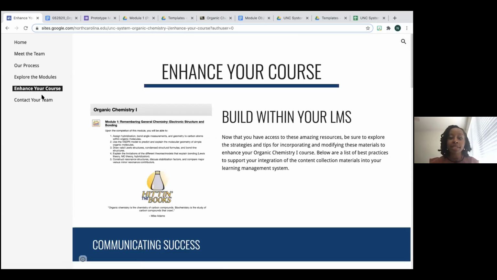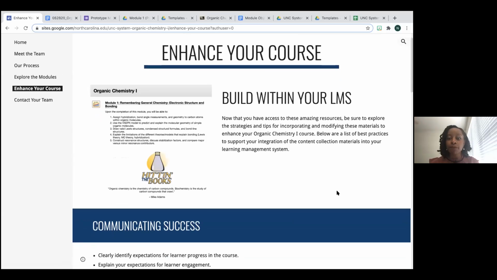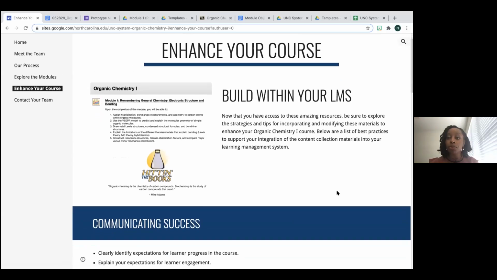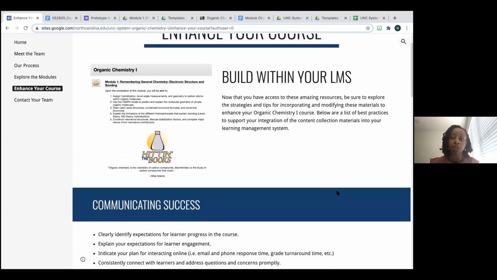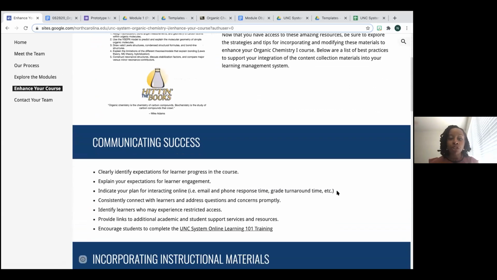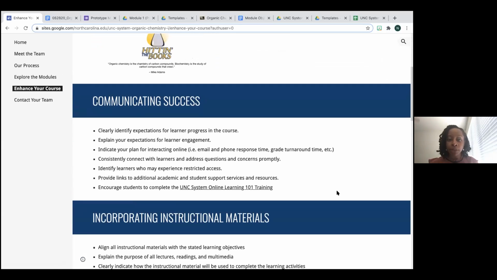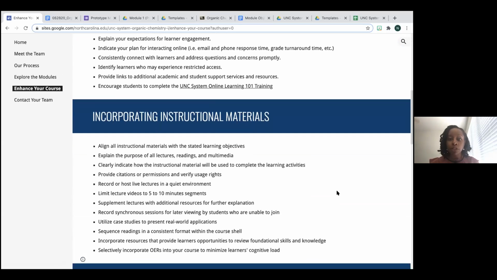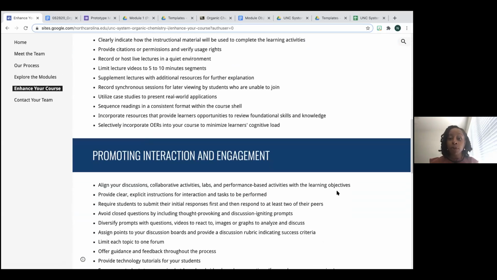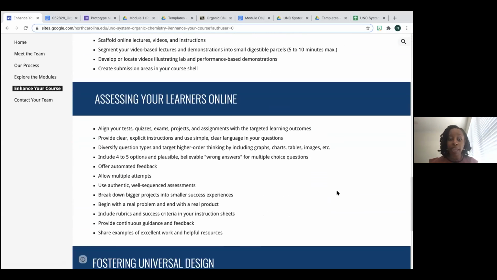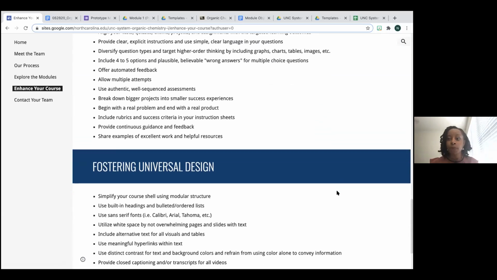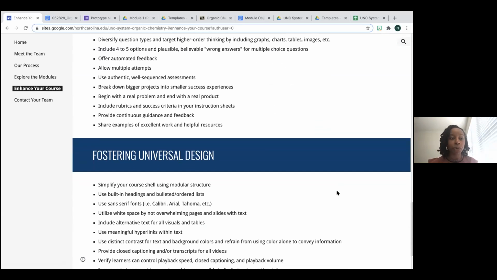Under the Enhance Your Course section, there's information regarding how you can utilize the information that you find in this course collection to build within your learning management system, as well as strategies for communicating with your learners, incorporating the different instructional materials, tips for promoting interaction and engagement, how you can assess your learners online, as well as considerations for maintaining universal design in your courses.